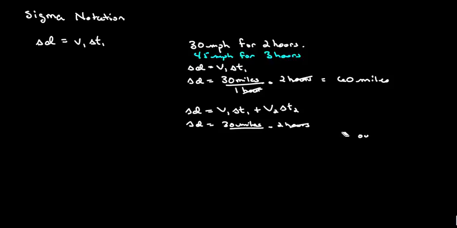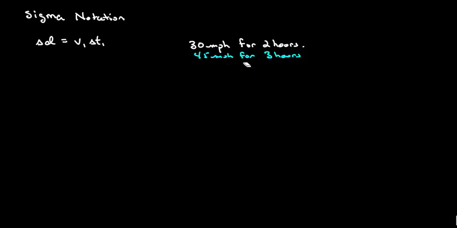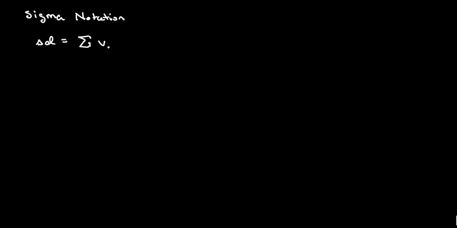Now let's talk about the sigma notation. The sigma notation says this. For this formula, our change in distance is equal to the sum, which means add all the velocities at some i times the change in their time at some i, where i goes from 1 to n, where n is the number of times that we're changing speed.